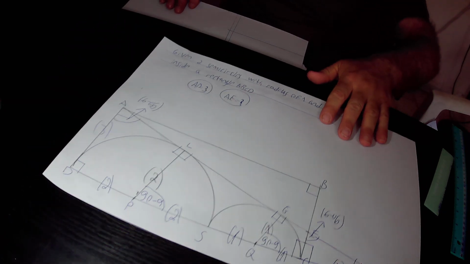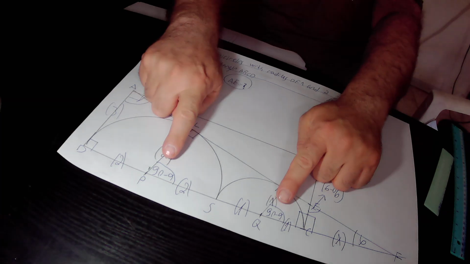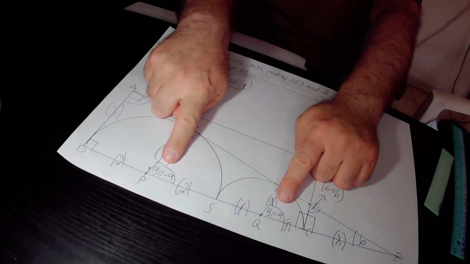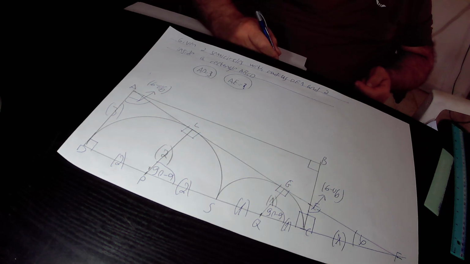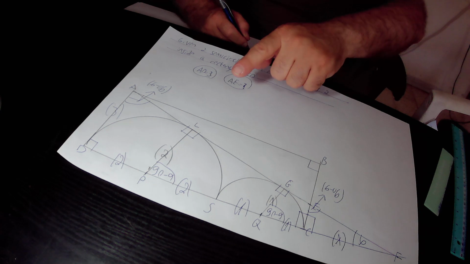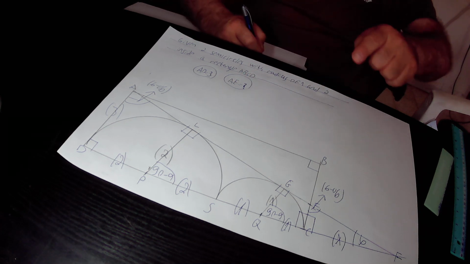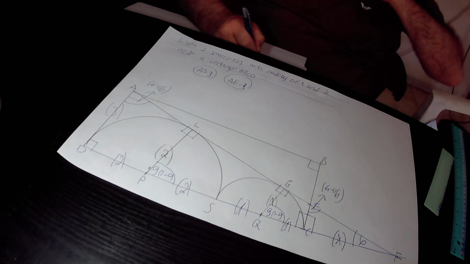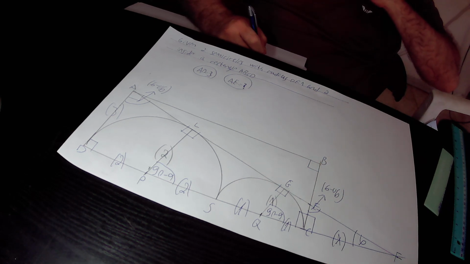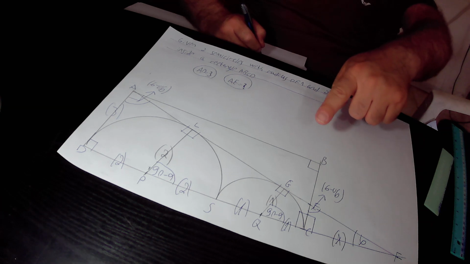And finally, those two angles are both equal to 90 degrees minus alpha, therefore they are equal to each other. So actually this is angle LPF in the big right triangle LFP, and it is equal to this angle, that is actually angle GQF in the small right triangle GFQ.